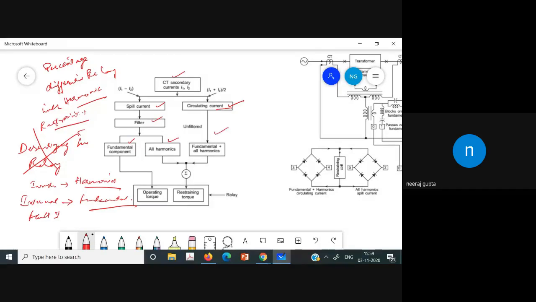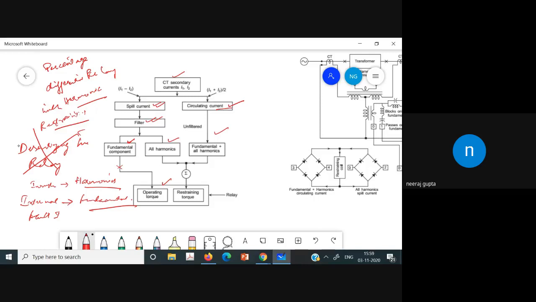There is no need to segregate that. Then we will have the restraining torque. Otherwise, if the spill current is there and we filter it, and no fundamental component is there, if all harmonics are there, then it will not operate. However, if the fundamental component is present in that, then operating torque is there.